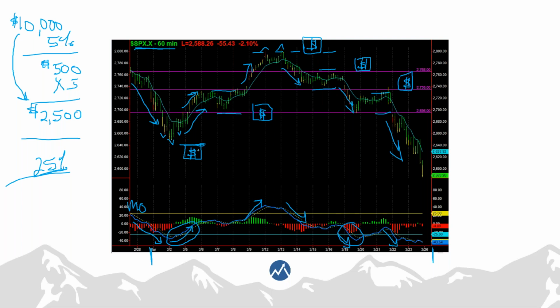Again, this is the power of compounding. By the way, we didn't compound the money. Okay, we just use the 10,000 each and every single time. But that's how you can apply this strategy. That's how you can create a consistent income stream. Okay, just by selling away from where the price is going.